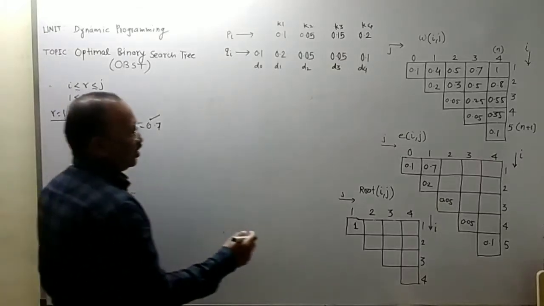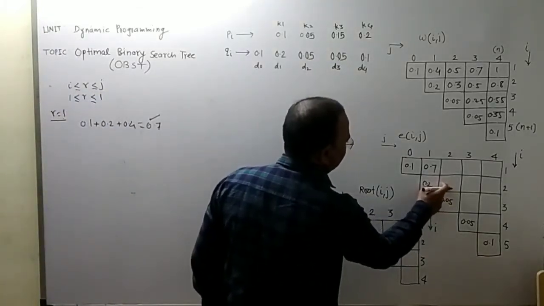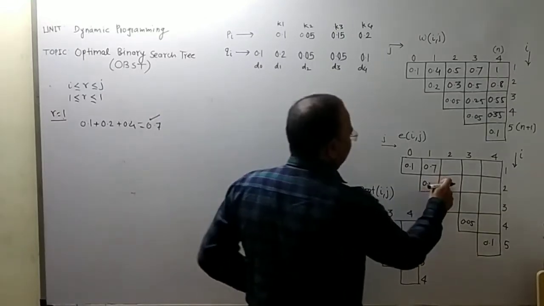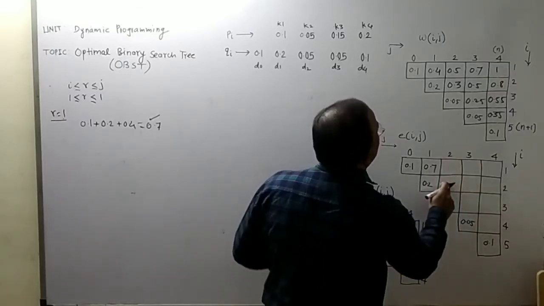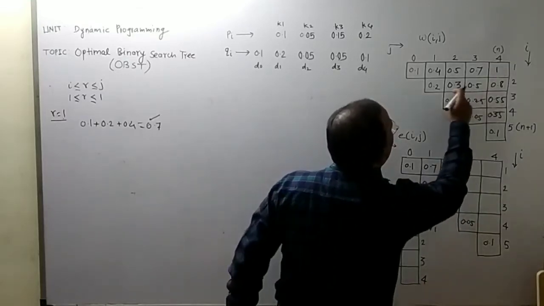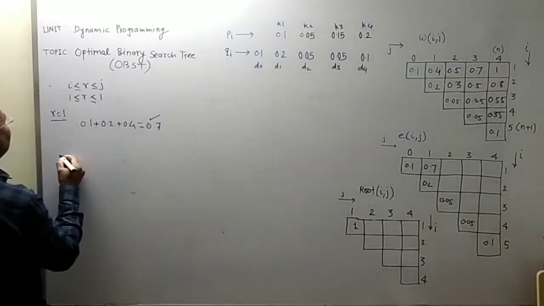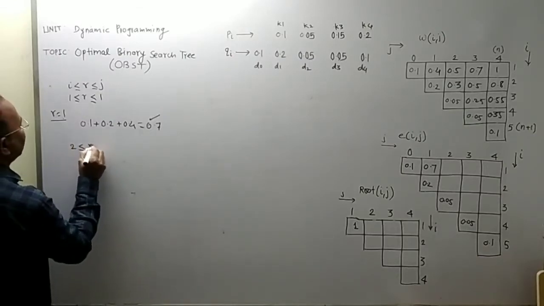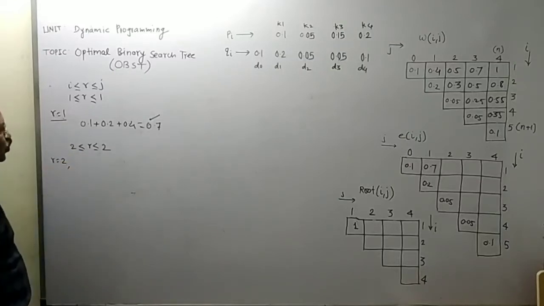Now try to get the value at this cell. For that, we have to refer the previous value and the down value, and the value in the W table at 2 position. At 2 position, the value is 0.3. So 2 is less than or equal to R, less than or equal to 2. Here R is equal to 2.